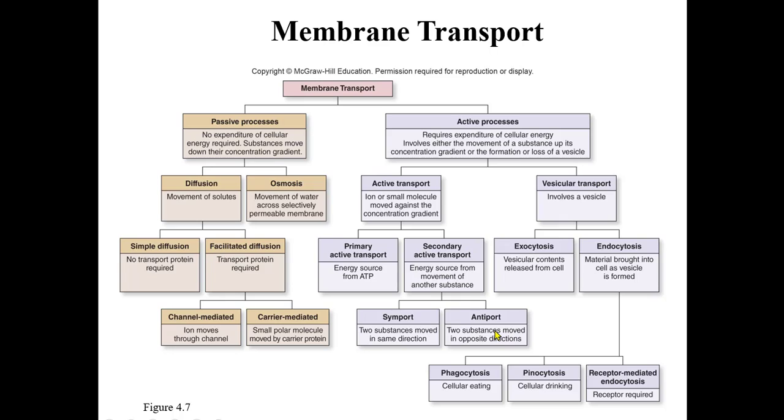Then we have antiport. That is your sodium-potassium pump. Sodium-potassium pump goes in the opposite direction. Now the ratio is something you need to know for a test. It is 3 sodiums for every 2 potassiums. So let me show you how this works as a sodium-potassium antiport. 3 sodiums out for every 2 potassiums back in.